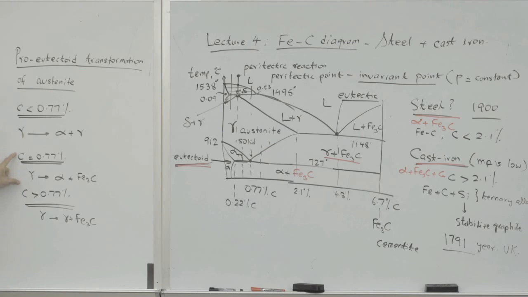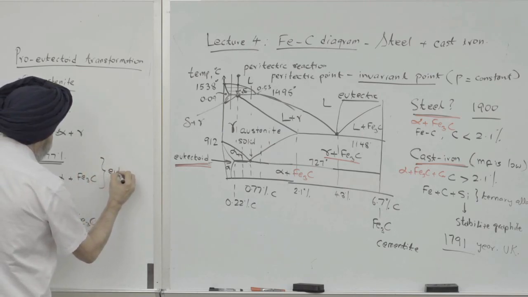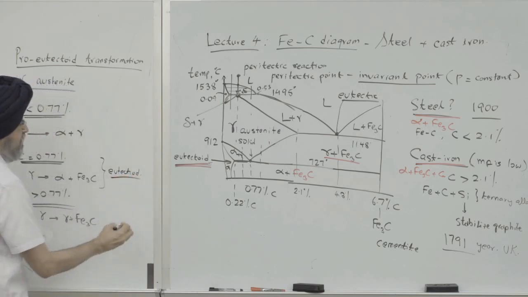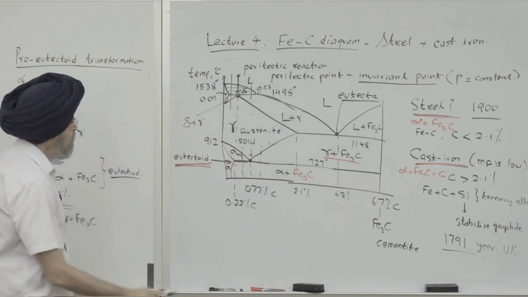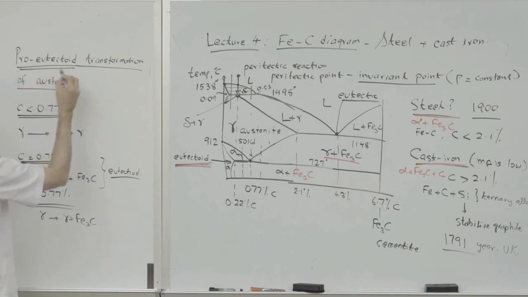Now, of course, this transformation is the eutectoid transformation, so in a way, it's not pro, right? At this point is where the transformation actually happens, whereas above this point, we have pro-eutectoid transformations. So let's take this case over here.